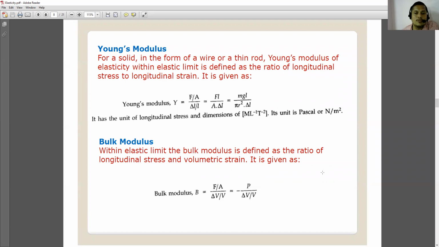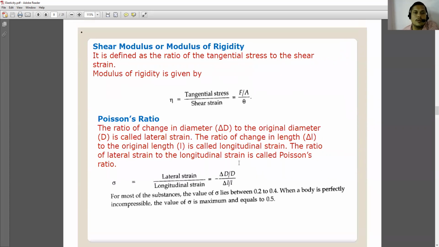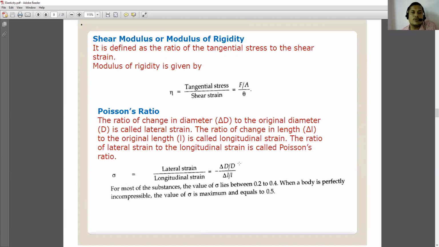Bulk modulus is the ratio of volume stress to the volume strain. Then shear modulus or modulus of rigidity is the ratio of tangential stress to the shear strain.